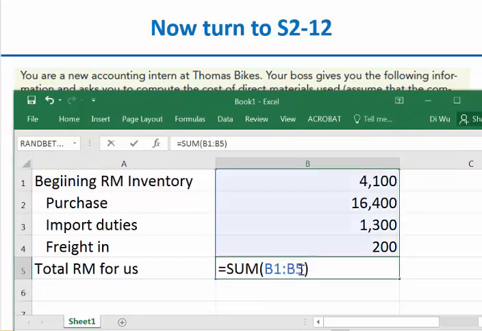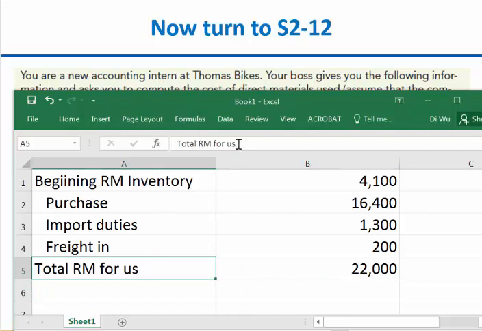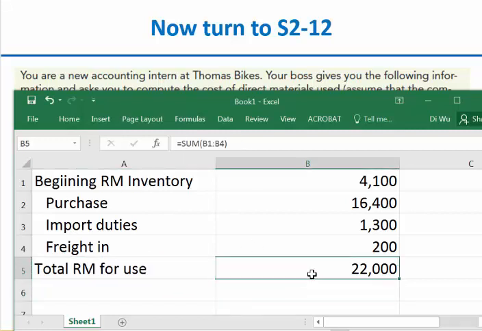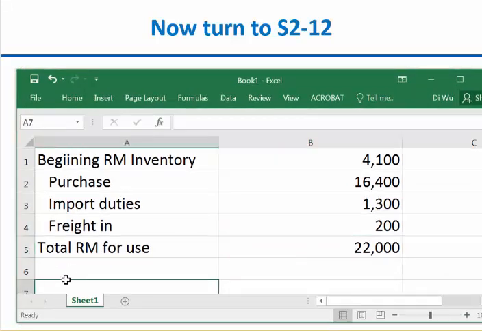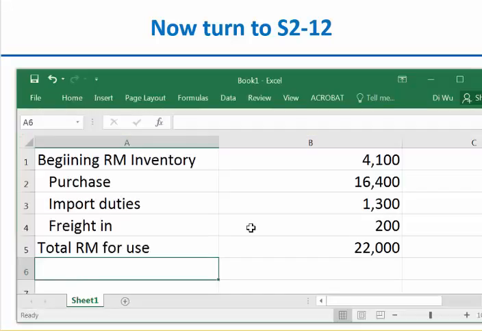Sorry, I think there is some issue here. Let me take a look at it. It should be B24 instead. So the total raw materials for use is actually 22,000. Now I need to find exactly how much is the cost of direct materials used, not just available for use, because I may not use all of them.